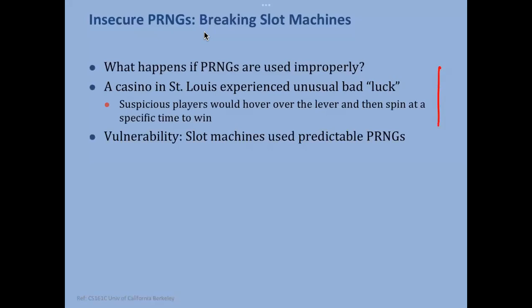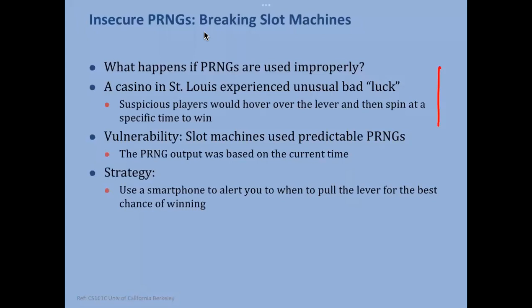In fact, if you go to the internet, you'll find different suggestions on how to win at a casino slot machine. Ultimately inside they are using a pseudo random number generator, and if it is done improperly, people are smart enough to find that out. So you'll find many places where things have really gone wrong.